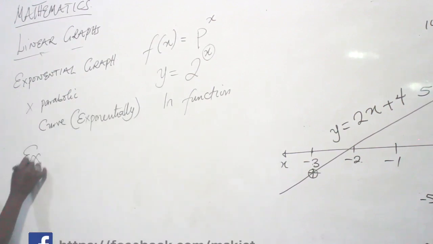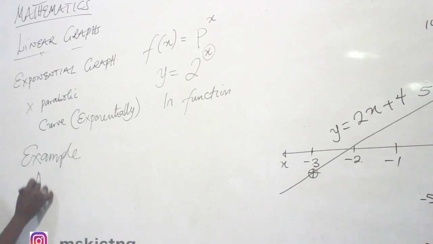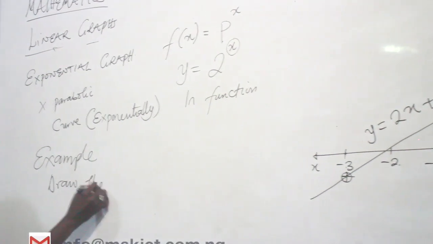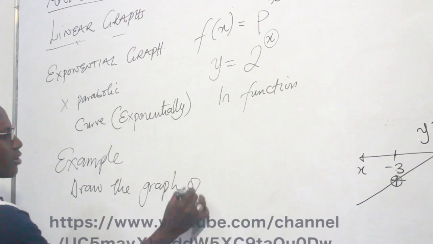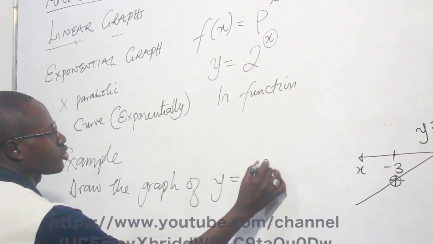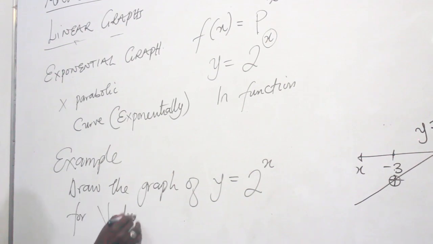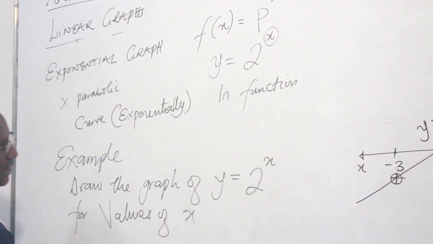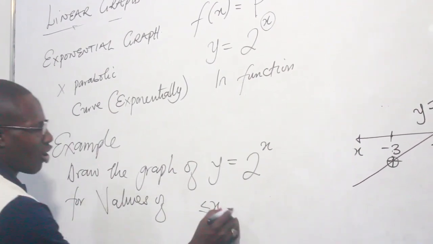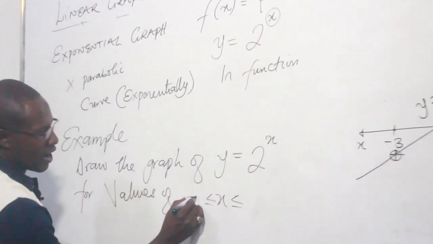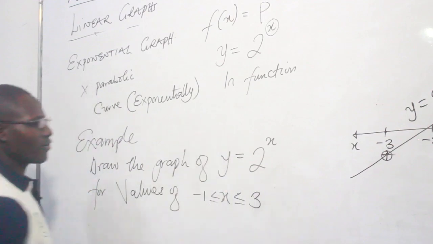Example. Draw the graph of y equals 2 to the power of x for values of x, where x is greater than or equal to -1 and less than or equal to 3.